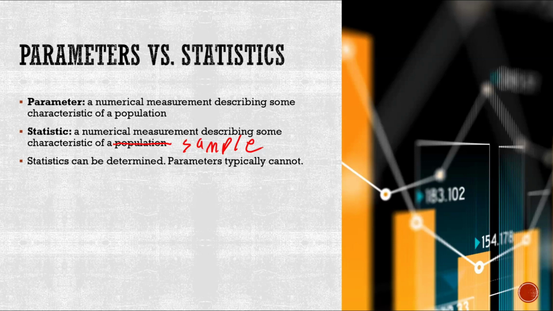I could find the mean height of this classroom, the average height. And that would be a statistic if I'm interested in the whole population being all of SXU, because it is the mean of part of the population. If I somehow collected the height of everybody at SXU and averaged them, that would be a parameter, right?